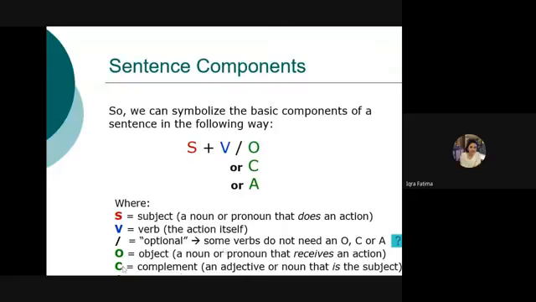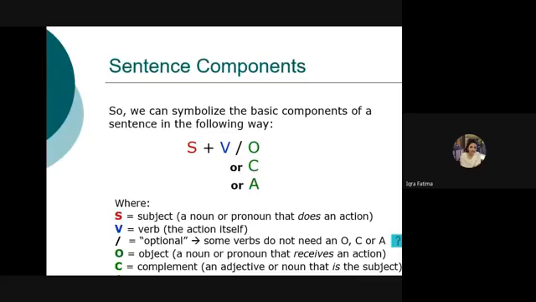So a complement could be an adjective or a noun. Adverbial is a phrase that tells you about the verb, that modifies your action. And you can find it by putting those questions which you put to find out the adverb.